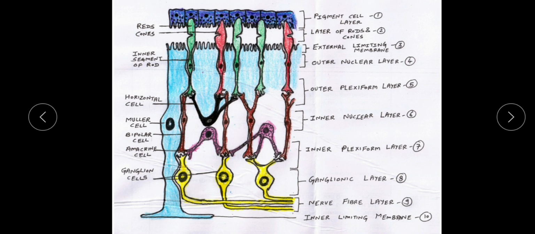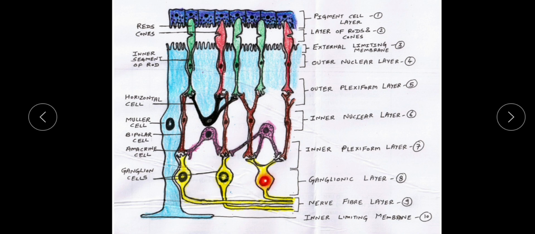After that, there is again a plexiform layer, the inner plexiform layer, but here it is formed by the processes of the amacrine cells with the bipolar cells as well as the ganglionic cells. After the inner plexiform layer, again there is a nuclear layer containing the nuclei of the ganglion cells, and that is the ganglionic layer.